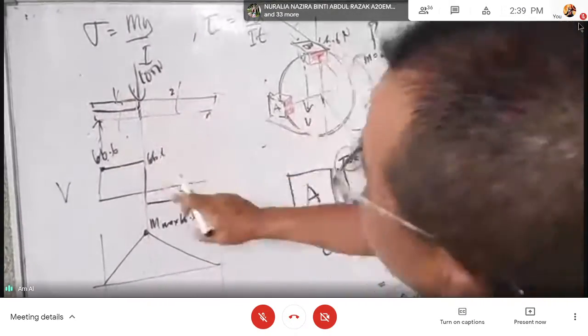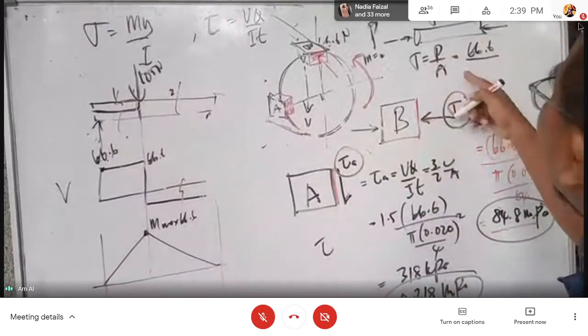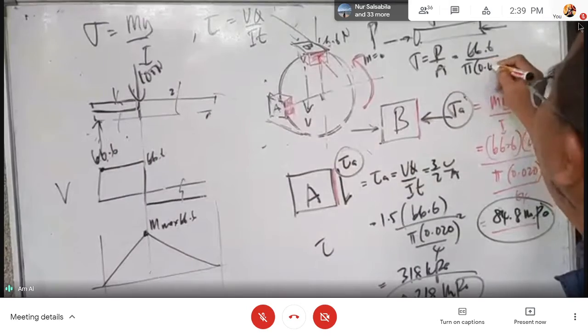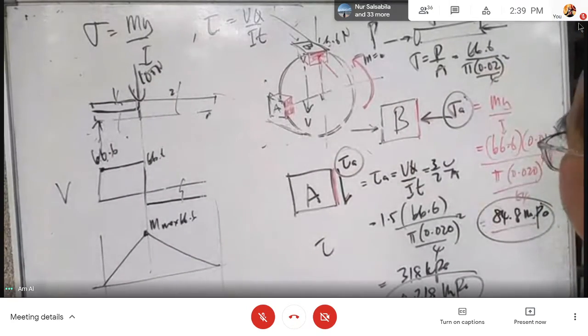That value is also 66.6. What do we have there? 66.6 divided by the area, pi 0.0 square over 4. What is the value there?